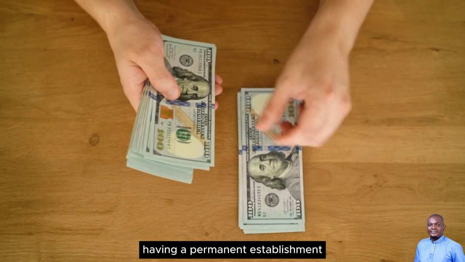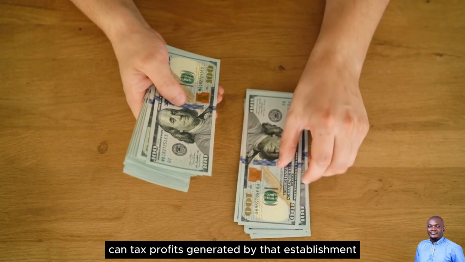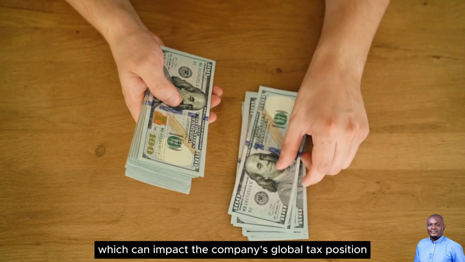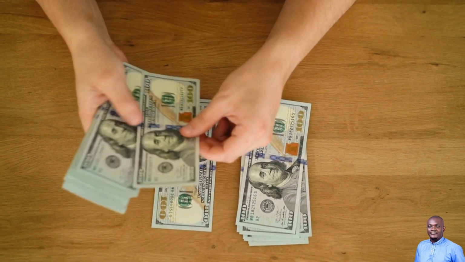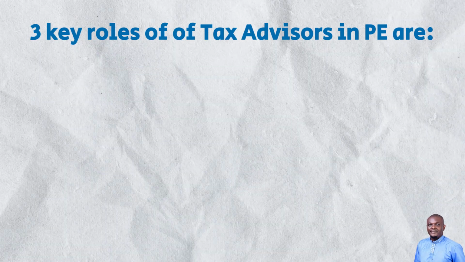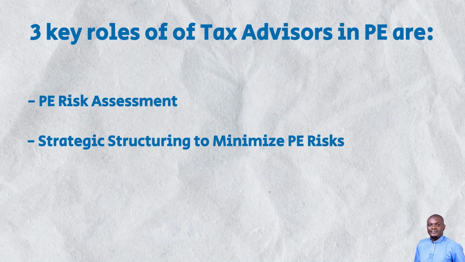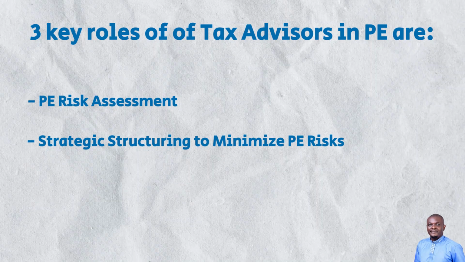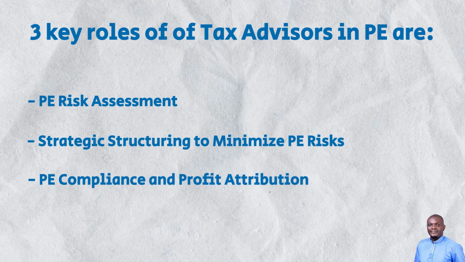Having a permanent establishment means the host country can tax profits generated by that establishment, which can impact the company's global tax position. 3 key roles of tax advisors in permanent establishments are permanent establishment risk assessment, strategic structuring to minimize permanent establishment risk, permanent establishment compliance, and profit attribution.